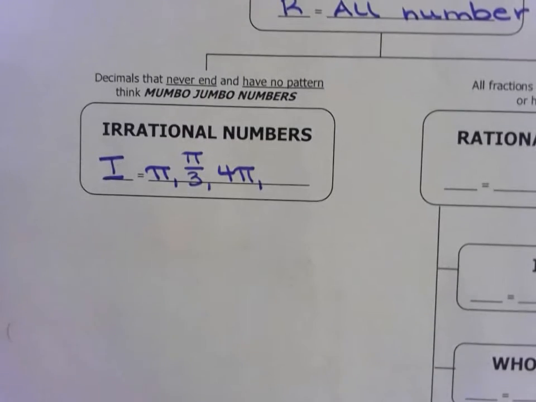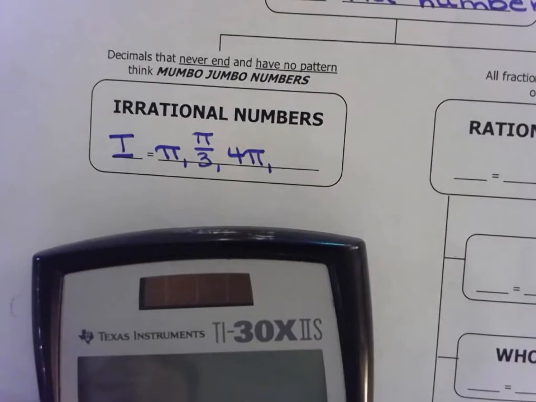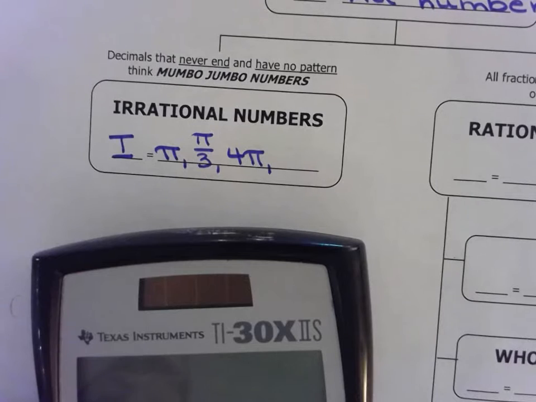Irrational is also non-perfect square roots. I should have told you to grab a calculator. If you don't have a calculator, grab one real quick from the front. Make sure you grab one, because I want you to do this. This is the easiest way to tell if something is irrational or not.